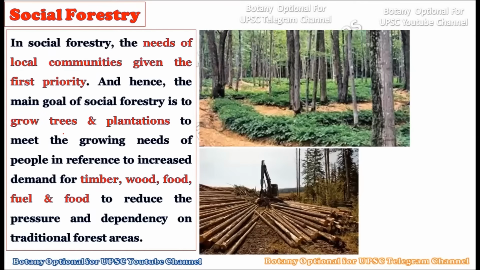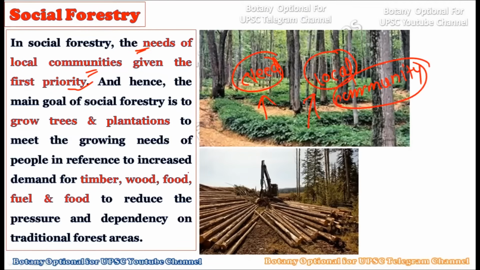See, in social forestry, the needs of the local communities are given first priority. Whatever local community is living there, what are their needs, and can these needs be fulfilled through these forestry programs?